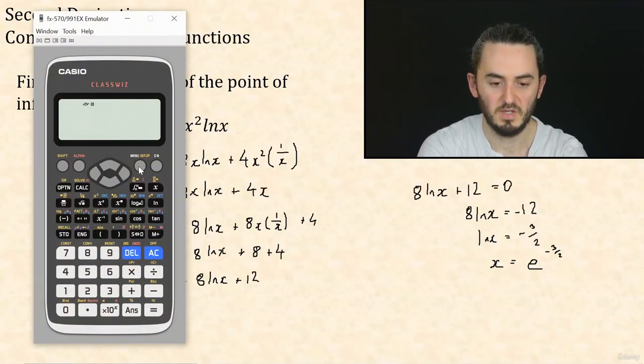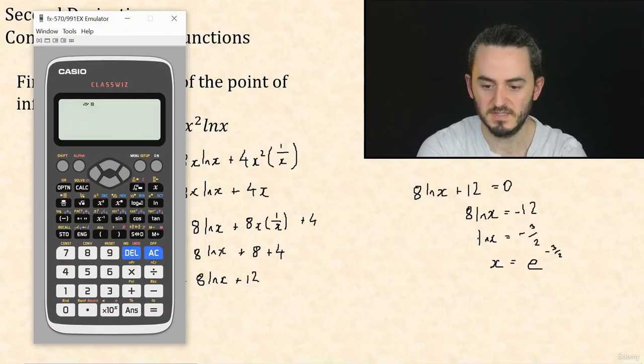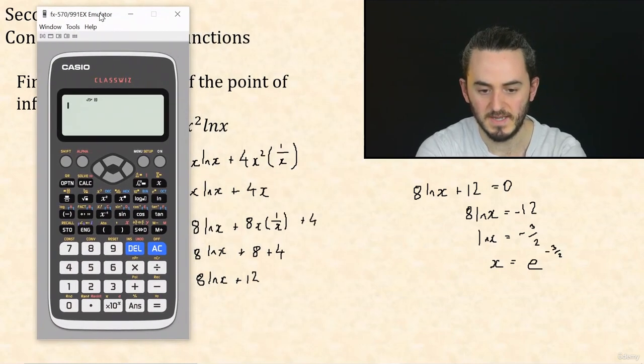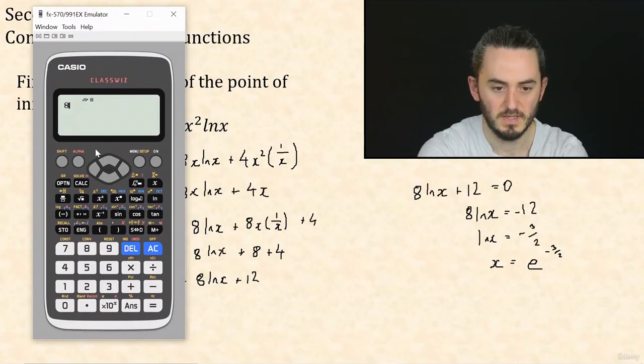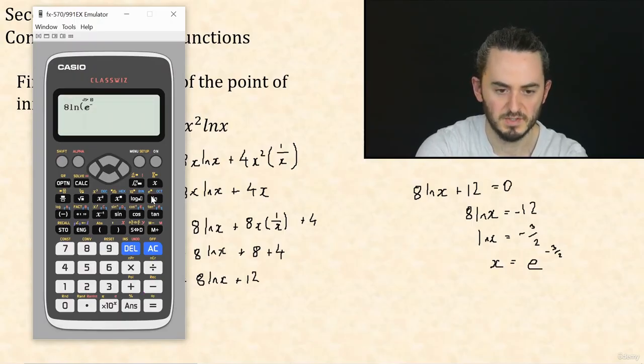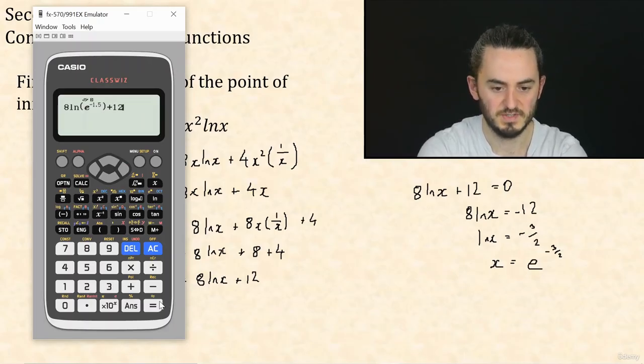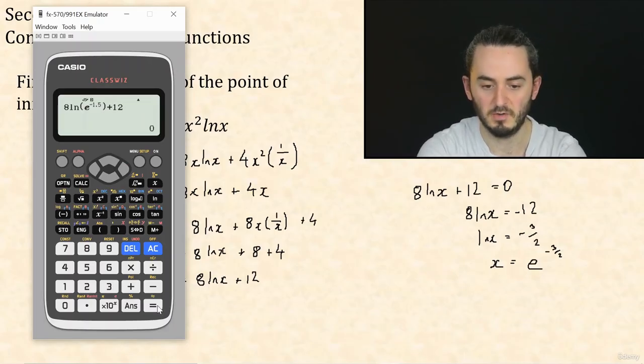I take my calculator and I'll sub e to the minus 3 over 2 into my second derivative, which was 8 ln x plus 12. So I do 8 times ln of e to the minus 1.5, plus 12, and let's just see what I get. Okay, 0, good.